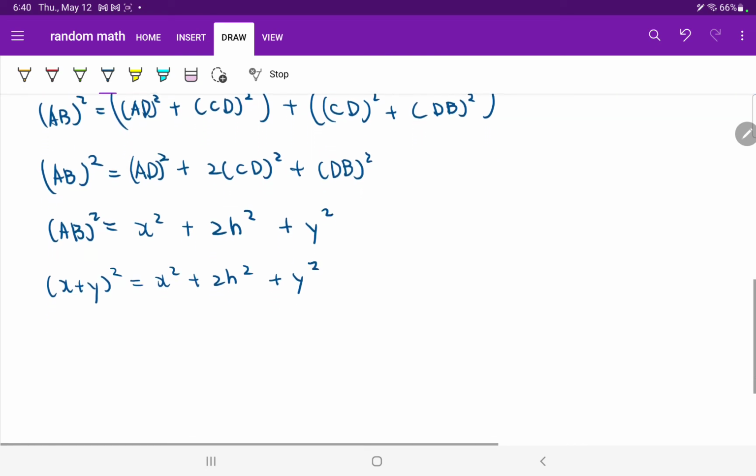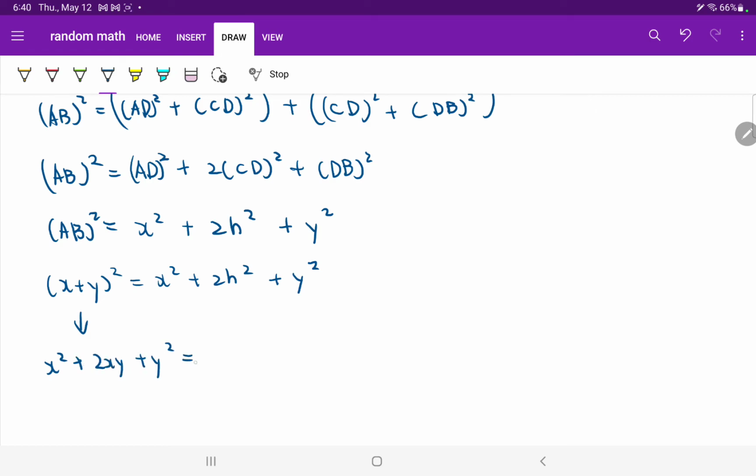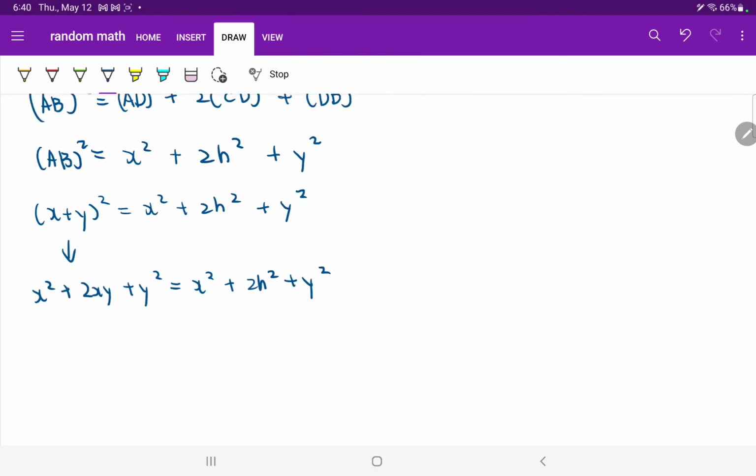Next step will be to expand this. This becomes x squared plus 2xy plus y squared equals x squared plus 2h squared plus y squared. As you can see, we can cancel the terms: x squared and x squared cancel out, y squared cancels out, and the 2 cancels out.